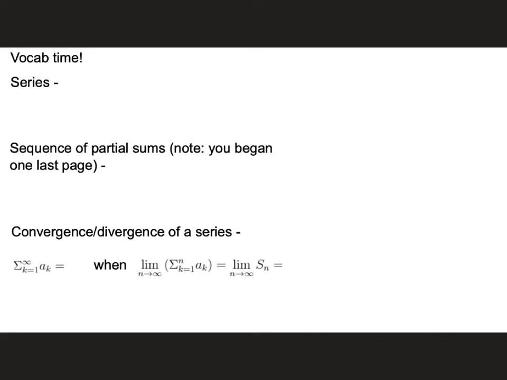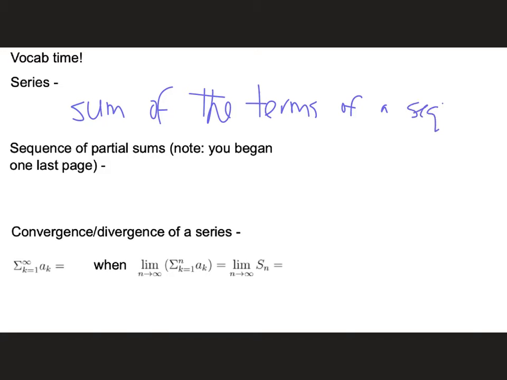And then we're going to talk about when we can converge or diverge. So a series is a sum of the terms of a sequence. So keep them straight.